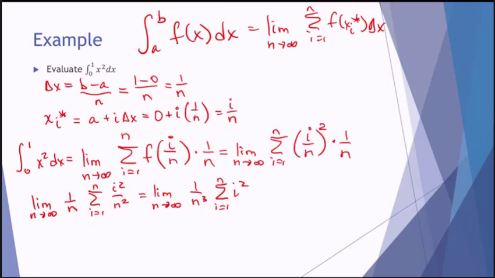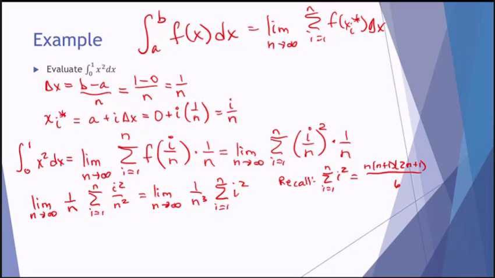The reason this is helpful, if you go back to those properties that I said we would be using, here's where they come into play. Recall that the sum from i equals 1 to n of i squared can be simplified. It becomes n times n plus 1 times 2n plus 1 divided by 6. And here's why this is so helpful. Notice the left side of that property has summation notation. The right side does not.